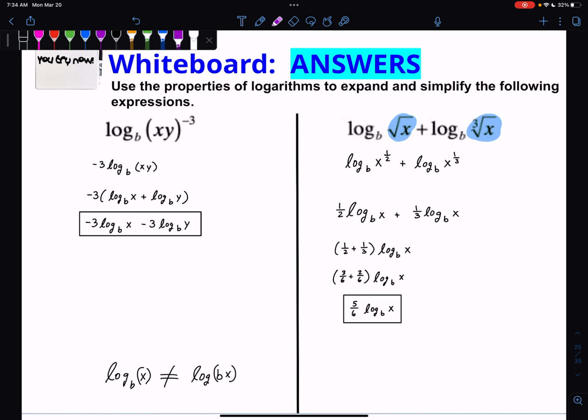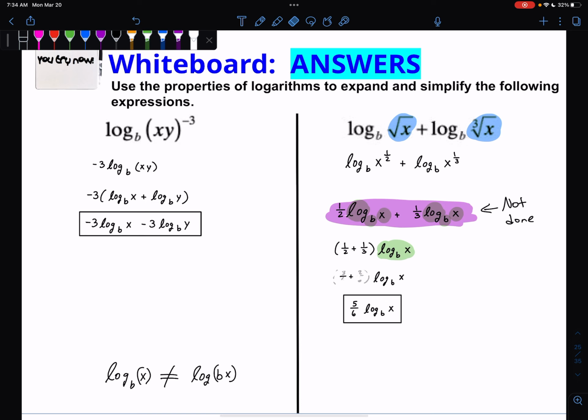This part kind of confused students. They thought they were done at this point. This is not done yet. And the reason it's not done is because both of these have x, log base b of x. Essentially, it's the entire same right part of the information. So what I did is I took my 1/2 and my 1/3 and I moved them in front. I factored out the log base b of x part.